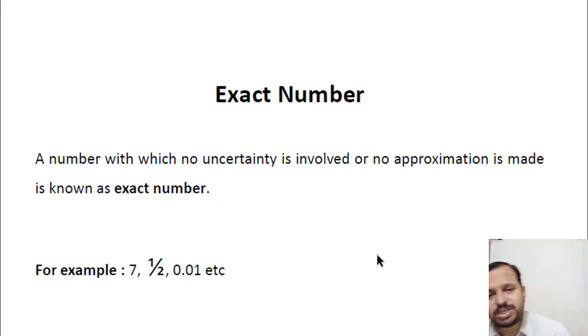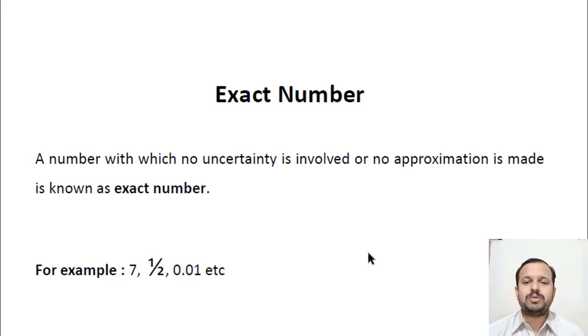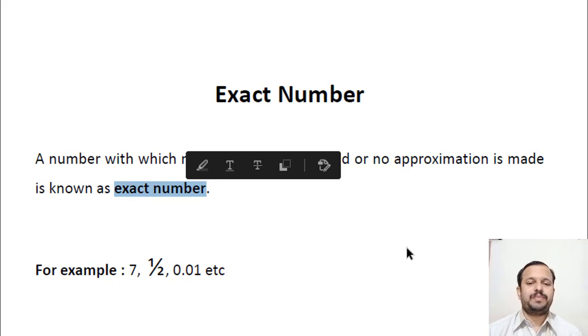The first definition I am going to give you is what is meant by the exact number. An exact number is a number with which no uncertainty is involved or no approximation is made. That type of number is known as an exact number.